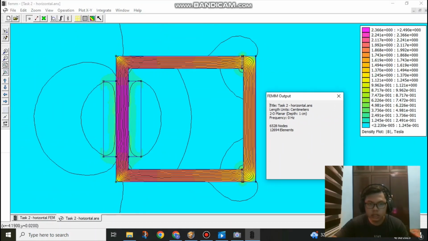This area means that the flux density is the highest here. This is due to the coil having current density, making the flux density highest at this core.